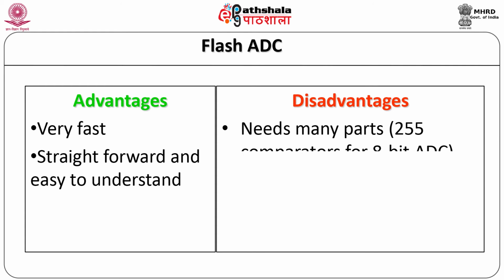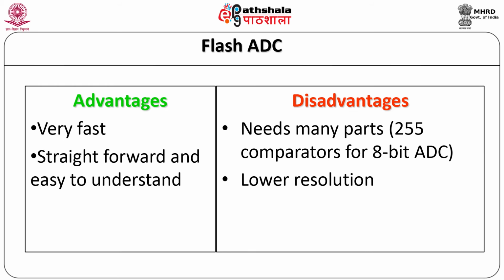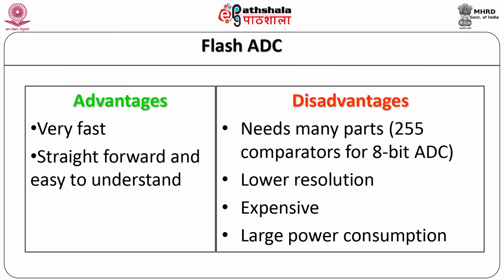It requires large number of parts in the form of comparators. For 8-bit ADC, we require 255 comparators. This method has got relatively lower resolution. As the total number of parts are more, the method becomes more expensive. Further, this method has got large power consumption.